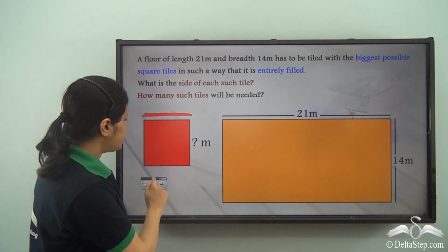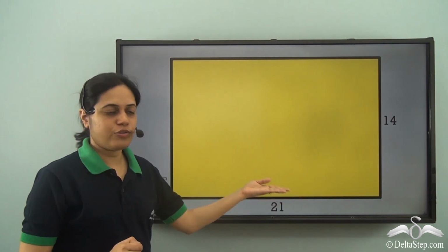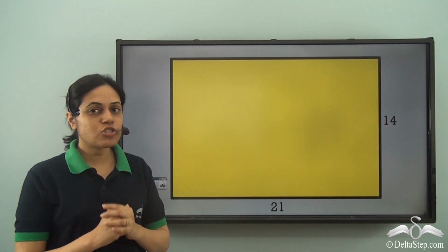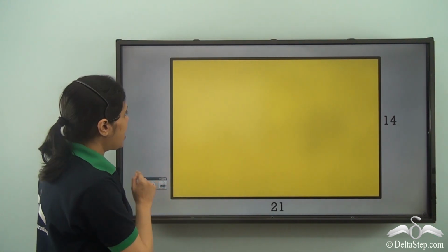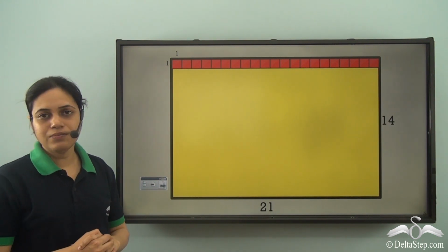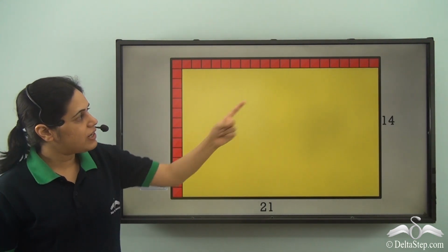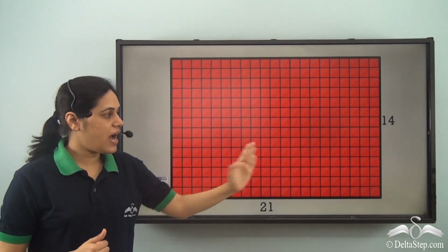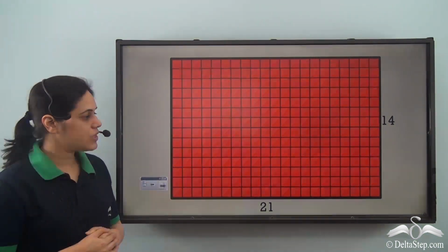So say this is our floor, 21 meters into 14 meters. I want square tiles, which means the length and the breadth should be equal. So suppose I put tiles of size 1 meter into 1 meter. This is how they will cover it lengthwise and breadthwise, and the entire floor will be covered.